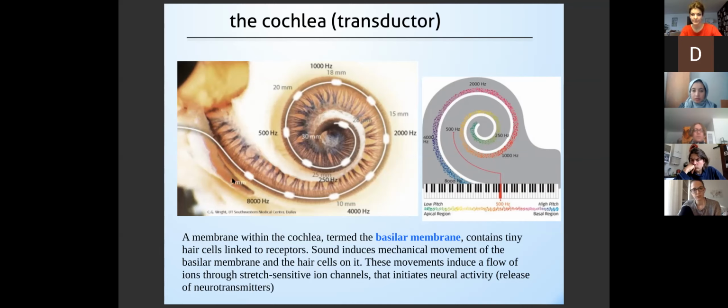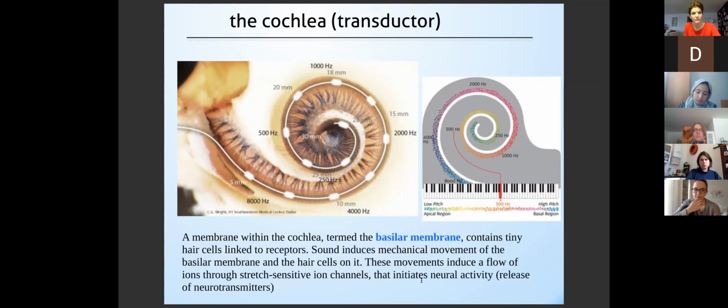Now we're going to talk about tonotopic representations, which basically means that you map on a two-dimensional or one-dimensional space, like your cochlea, the tonal properties of the sound. And the tonal properties of the sound are about the pitch. And we are going to see what this is in a second, okay?